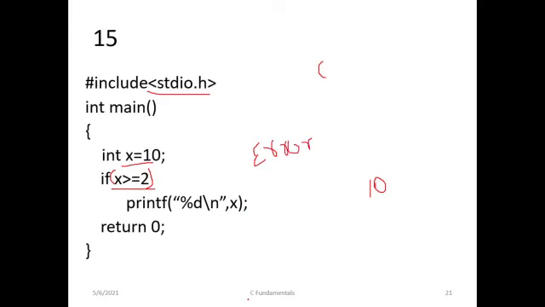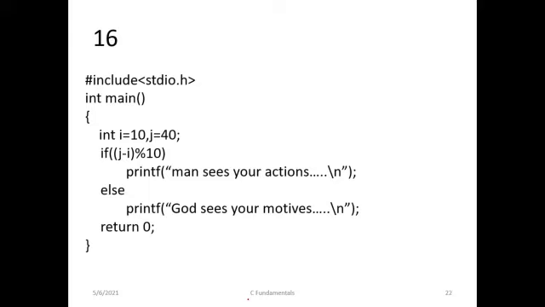Okay. Next, i is 10, j is 40. j minus i modulo 10. Whether all these expressions are allowed inside this condition, only a condition should be there, right? But here we are using an expression. Is it allowed? Yes, it is allowed.